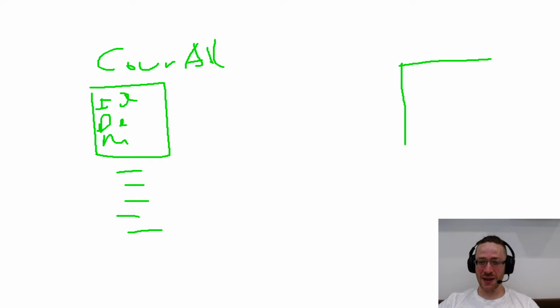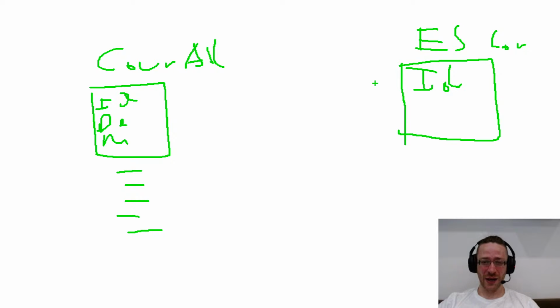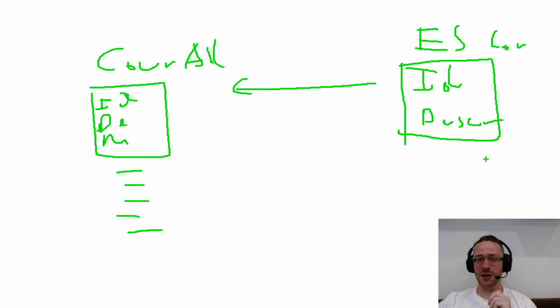And I will have Elasticsearch car ad, which will have only the ID of the car ad here and the description. So every time I want to search something in the description, I will first ask Elasticsearch to give me all the IDs which contain the term in the description.